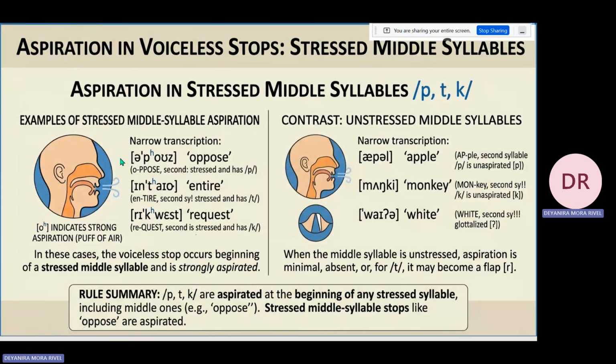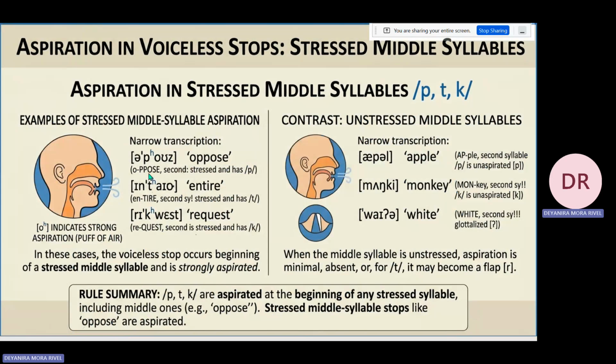The second syllable is pose, and that P is aspirated. Entire: the second syllable is tire, and that T is aspirated because tire has the stress. See, in entire, the stress is there.